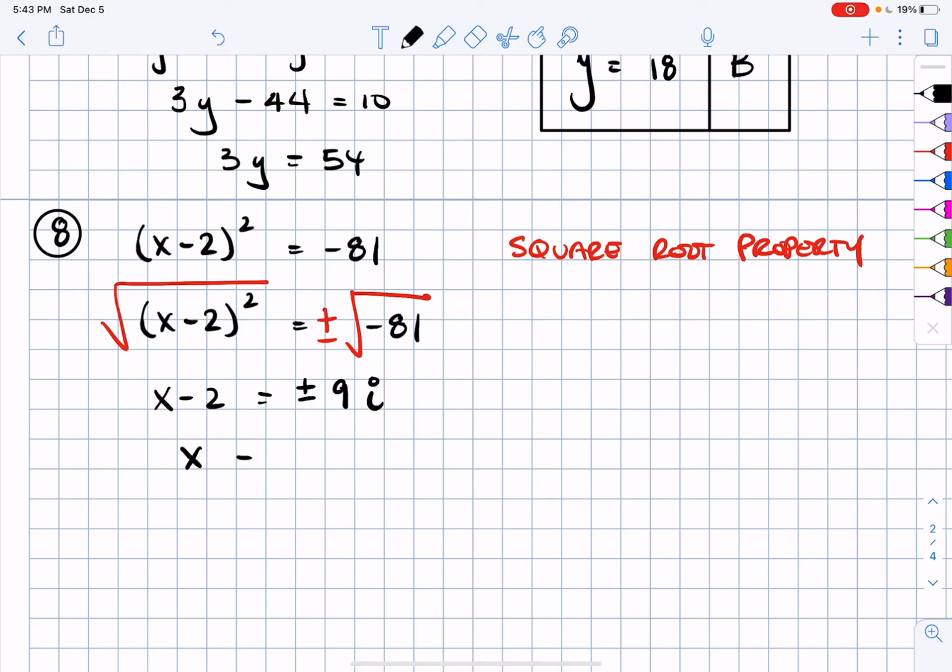So x is going to equal 2 plus or minus 9i. Which is choice D.